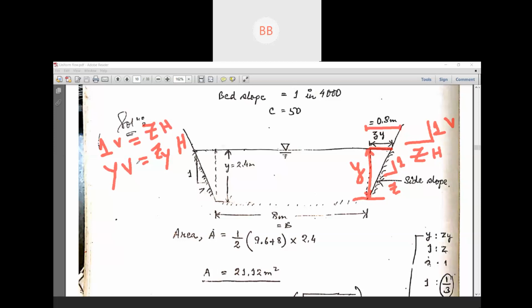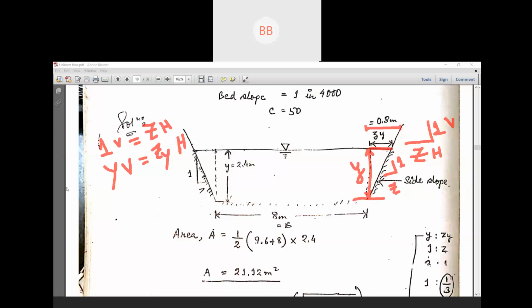So the slope is 1 vertical is equal to Z horizontal. Then what will be the horizontal distance for Y vertical? We have to think like that. What will be the horizontal when your vertical is Y? If for one it is Z, for Y it will be ZY horizontal.